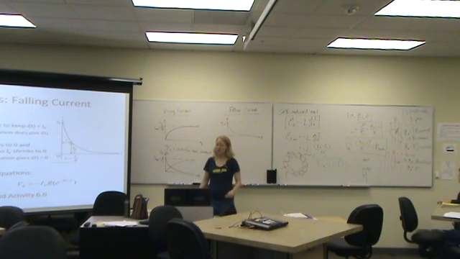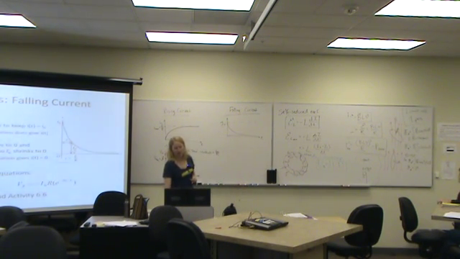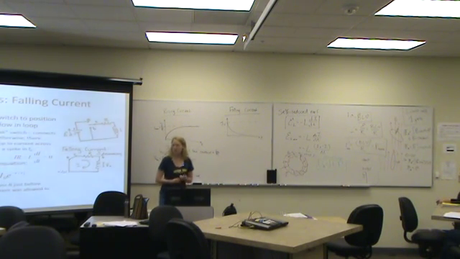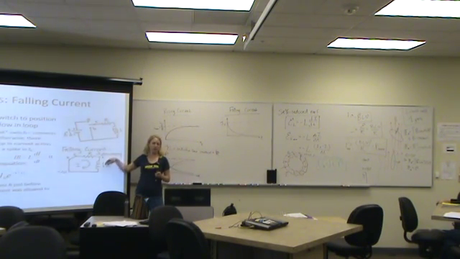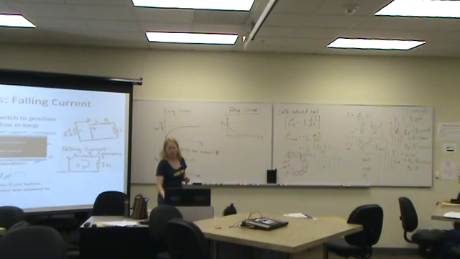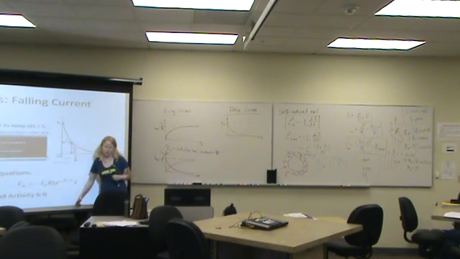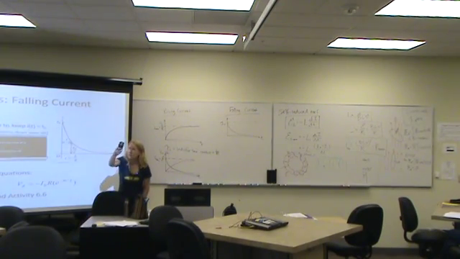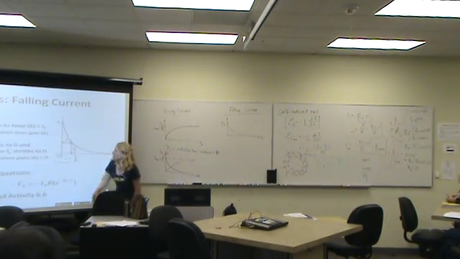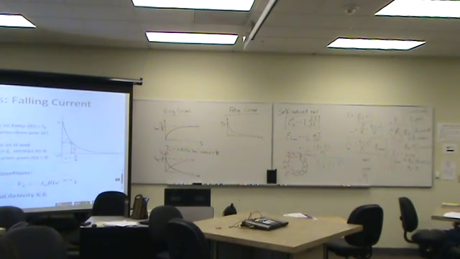Since the induced EMF switched directions from the rising to the falling case, we can apply a sign difference to the voltage drop across the inductor versus the voltage drop across the resistor, so that they'll always sum up to be.